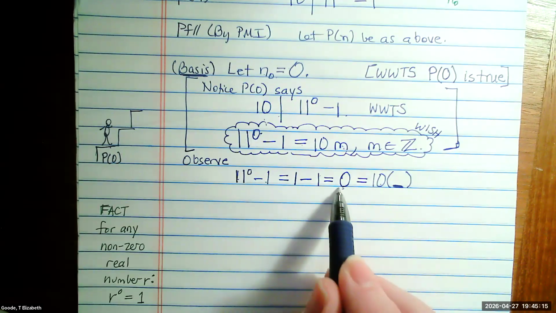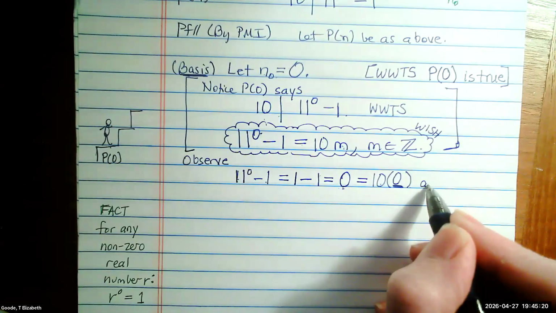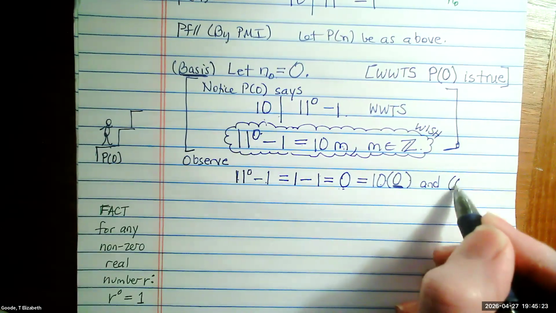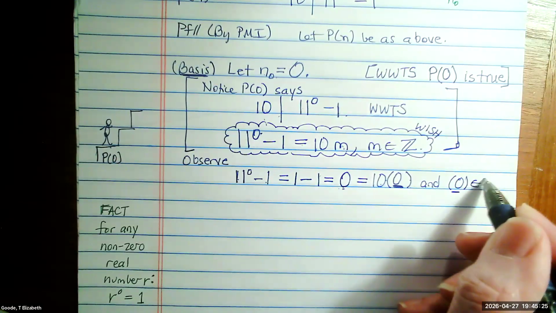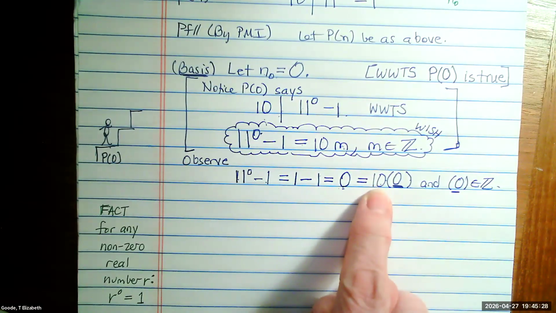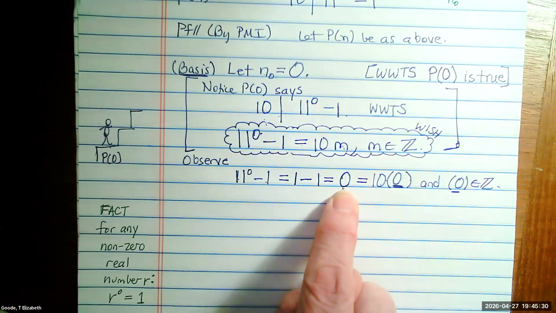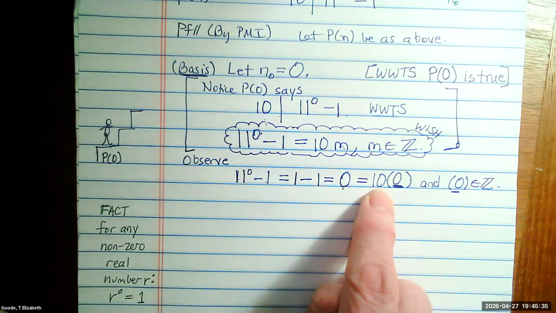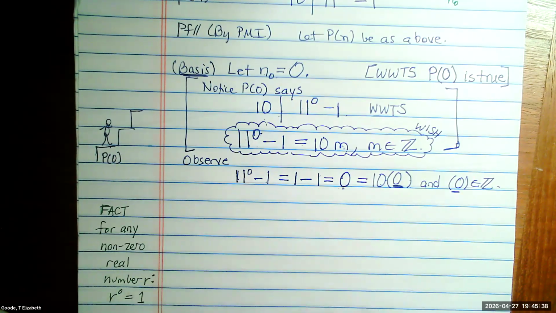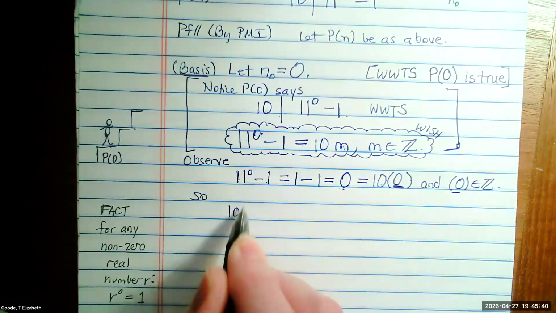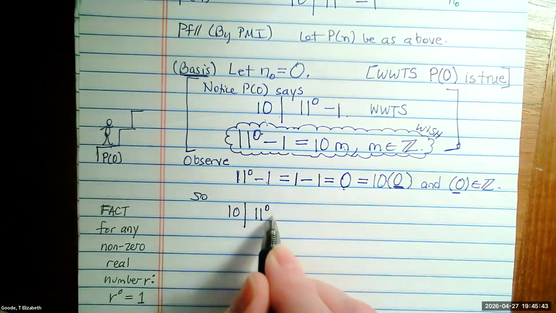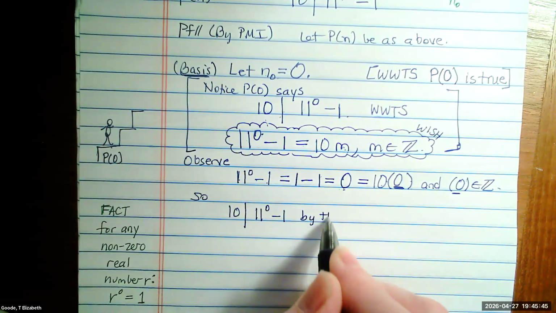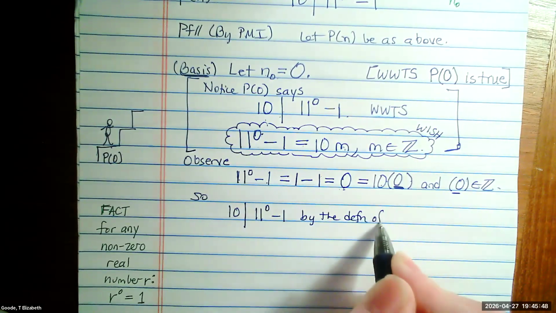What can we multiply times 10 to get this 0? 0. That's right. And this copy of 0 is an integer. And that's the definition of divides. That means 10 divides 0. But 0 is 11 to the 0 minus 1. So 10 does divide 11 to the 0 minus 1 by the definition of divides.